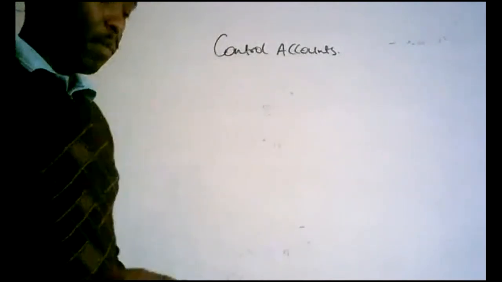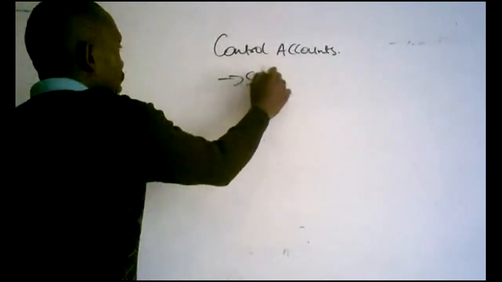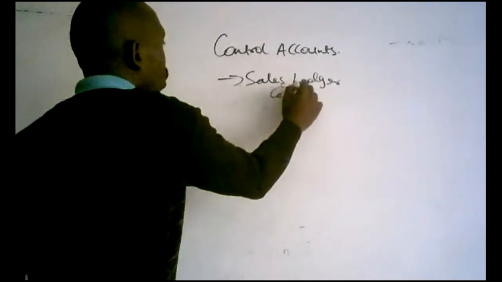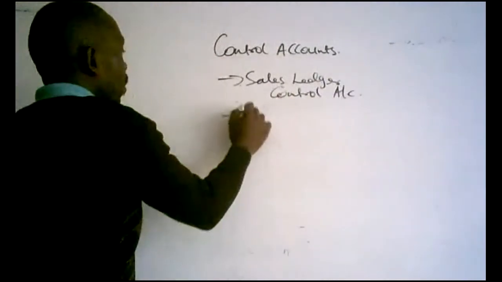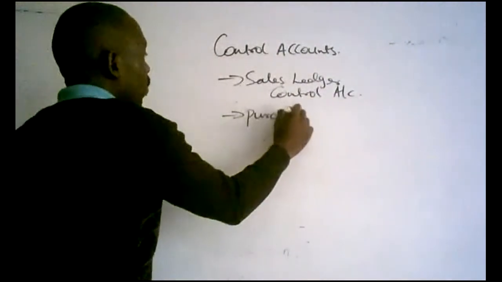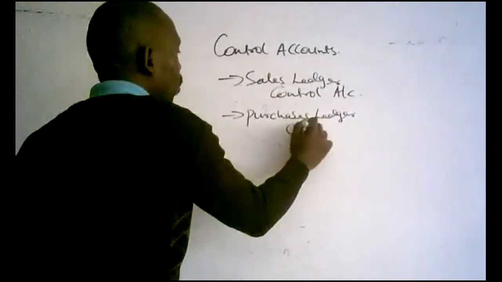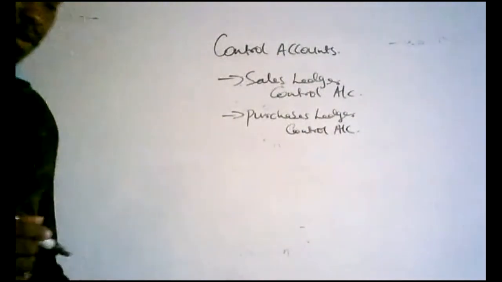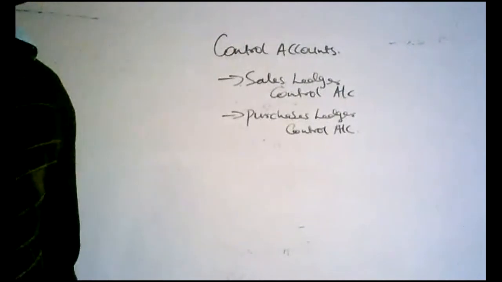And in this discussion, we are going to discuss two of them: one is known as the sales ledger control account, and the other is known as the purchases ledger control account. Those are the two accounts that we are going to focus on majorly today.